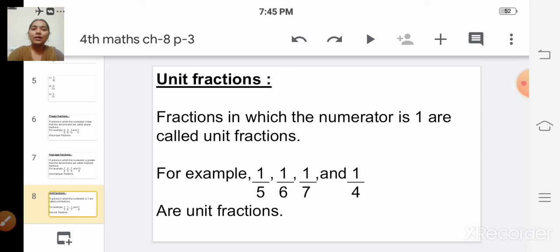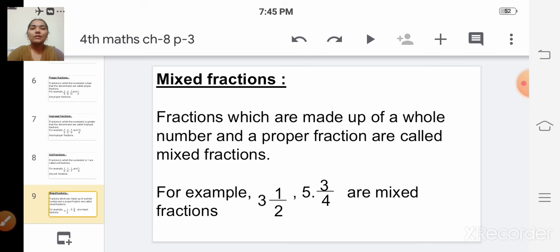For example, 1 by 5, 1 by 6, 1 by 7 and 1 by 4 are unit fractions. So in all these fractions, the numerator is 1, isn't it? So if the numerator is 1, then the fraction is called unit fraction.